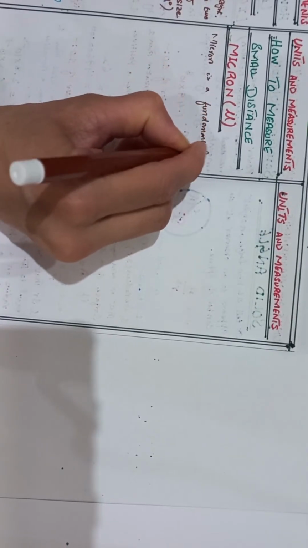Now discuss what is the micron. Micron is a fundamental unit of length used to measure the wavelength of infrared radiation, size of biological cells or bacteria. The symbol of micron is mu. Micron is a fundamental unit of length.